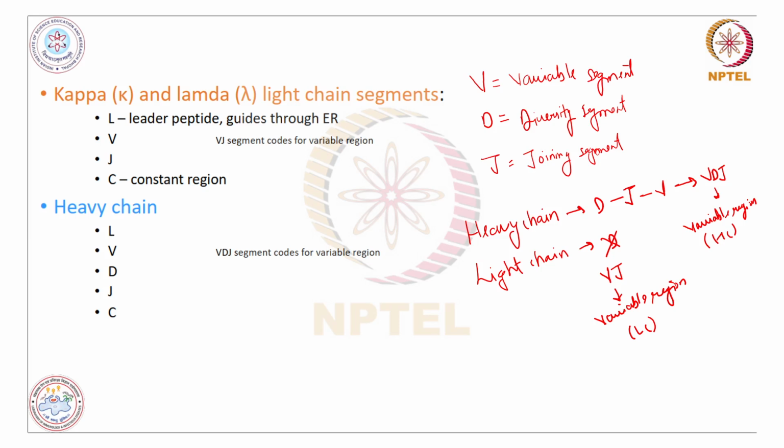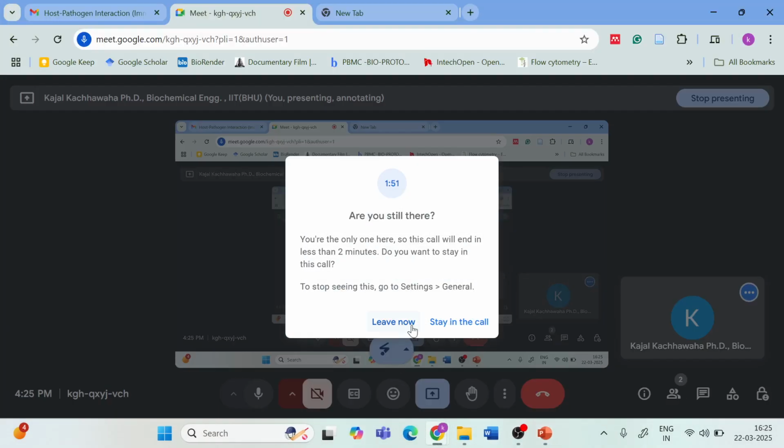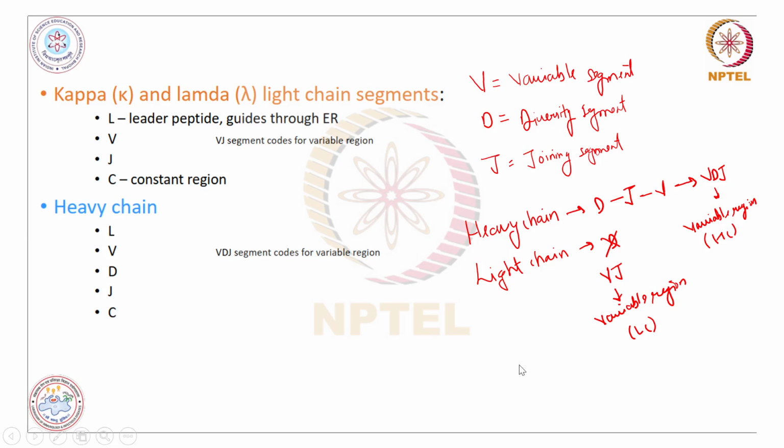So what we do is, instead of having a separate gene for each antibody, we use this VDJ recombination so that these segments can be joined randomly and create new combinations, so that we can have a different type of antibody for each type of antigen.